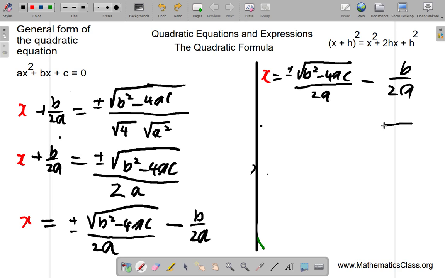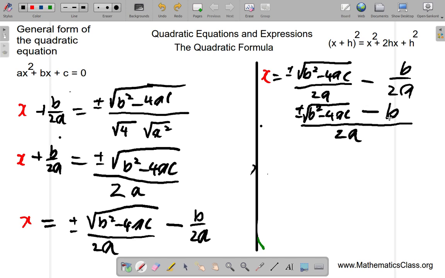You could find the LCM, which is 2a. 2 into 2a goes 1 time. 1 times plus or minus the square root of b squared minus 4ac, minus 2 into 2a goes 1 time. 1 by b is b. Alright, so that's what we have.